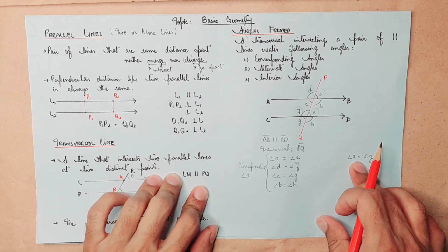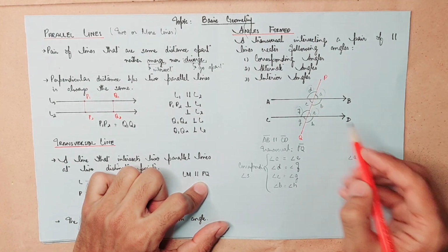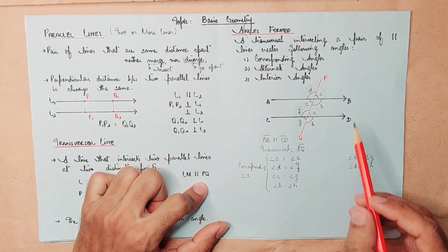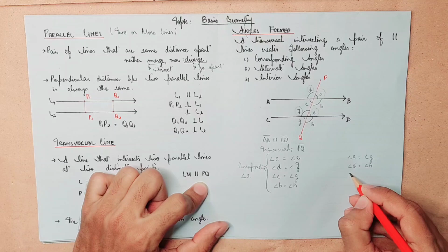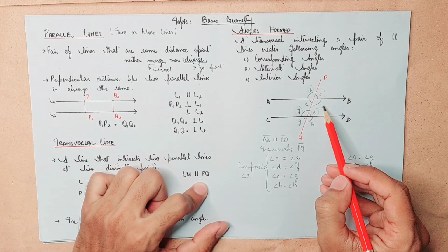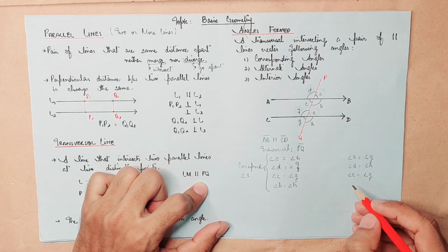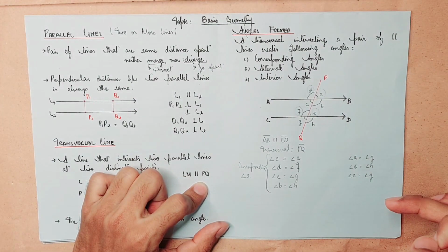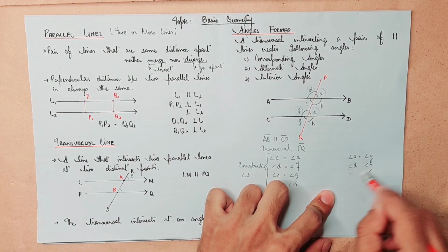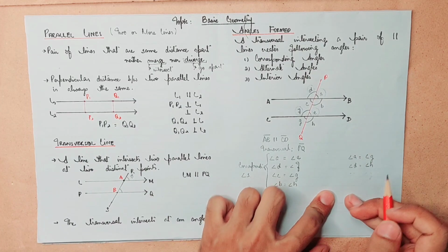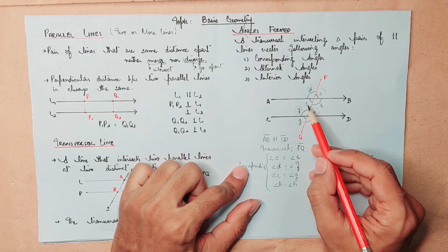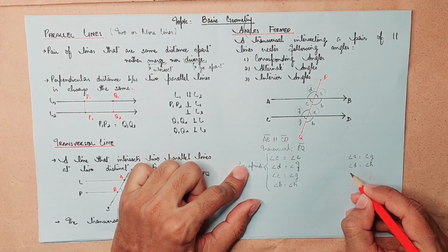In a similar way, angle D and angle H are alternate angles, so angle D is equal to angle H. Sorry, I took a pair of corresponding angles over here. Next, angle C is equal to angle E, so angle C and angle E are alternate angles.